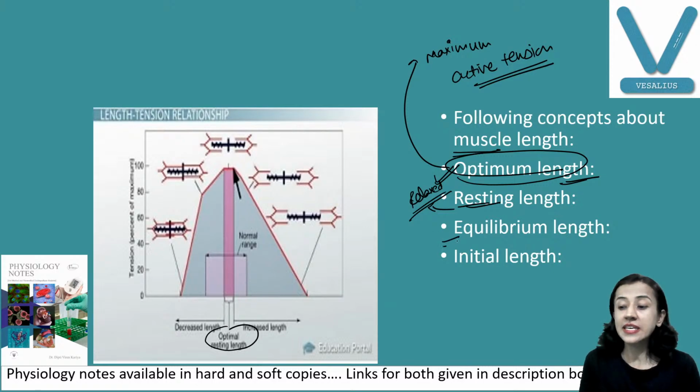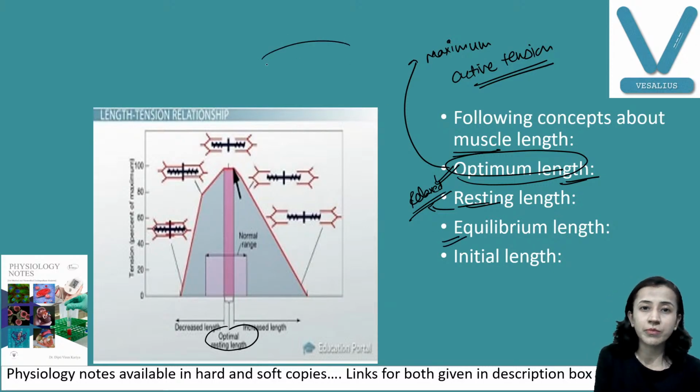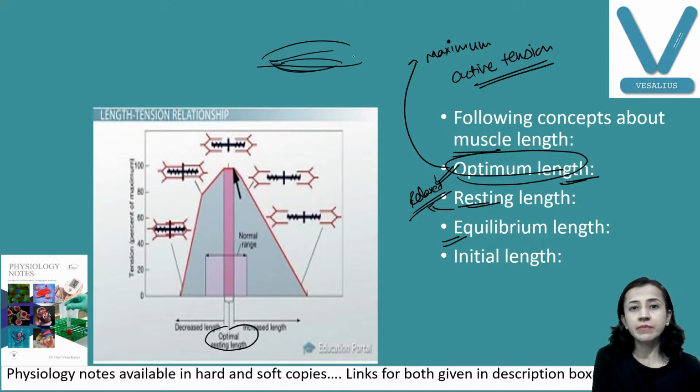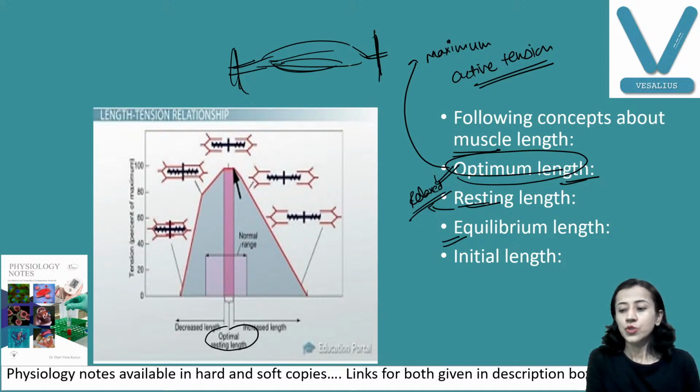Third is equilibrium length. Equilibrium length means, suppose this is your muscle, when the muscle is separated from its connections, when it is cut free from the bony attachments, the length which is found is the equilibrium length. And the fourth one is initial length. It is the length of the muscle before it starts its contraction.